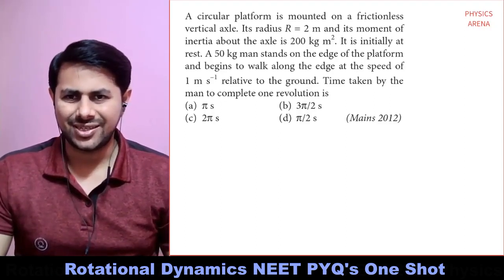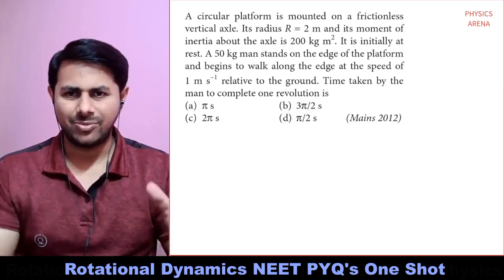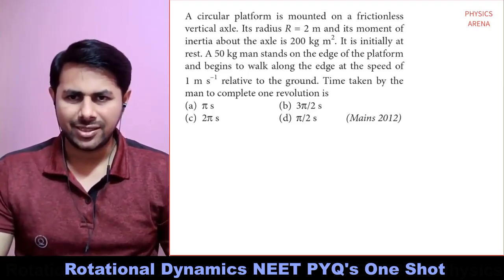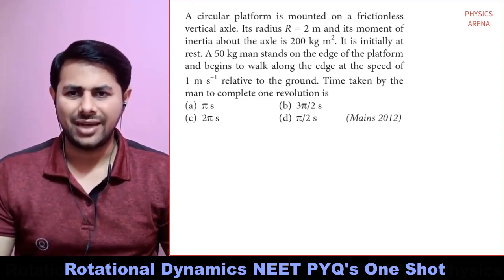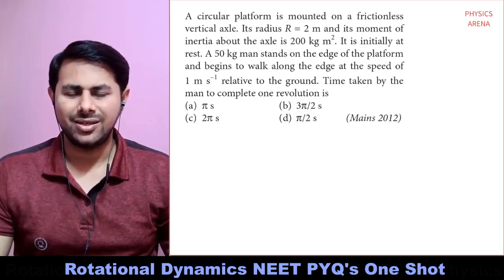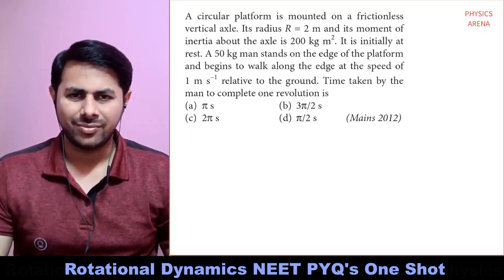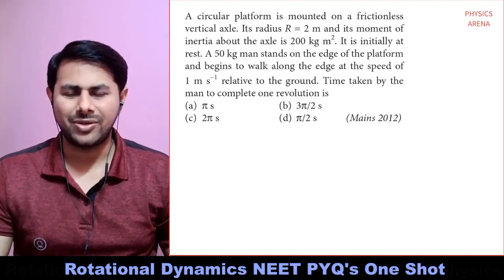It is initially at rest. A 50 kg man stands on the edge of the platform and begins to walk along the edge at the speed of 1 meter per second relative to the ground. Time taken by the man to complete one revolution is?